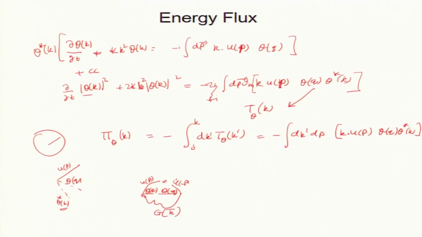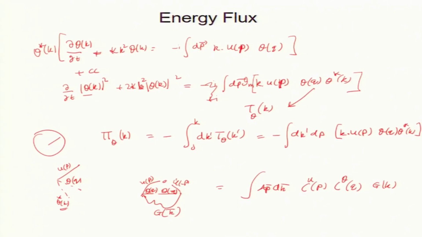Of course, there is a complex conjugate, that is why k equals p plus q. So, this integral involves C of p, which is the velocity correlation function, the scalar correlation function of q, and the Green's function of k, and I have dp and dk. So, you do this complex integration and you will get the flux.